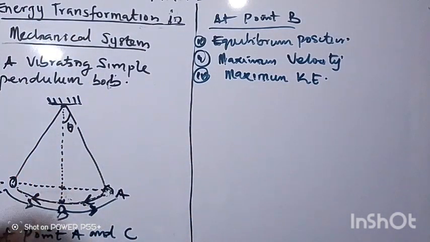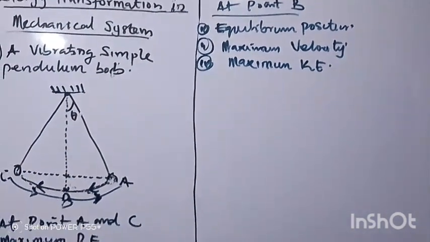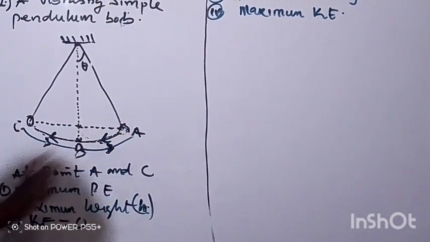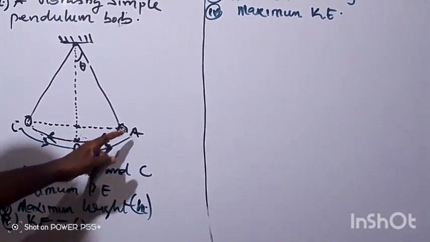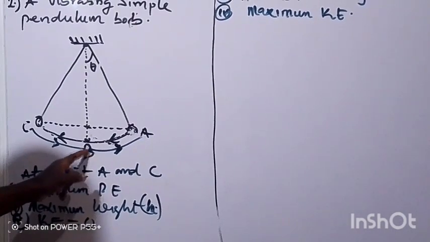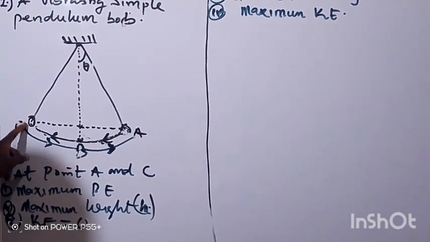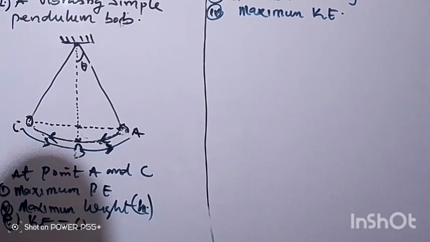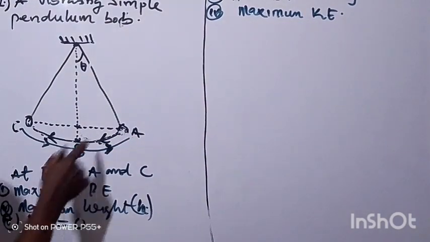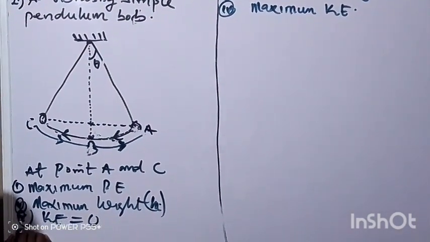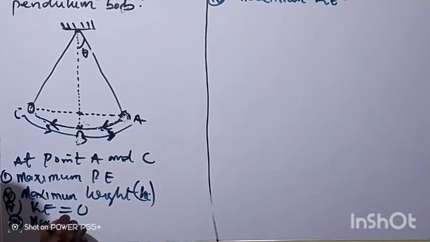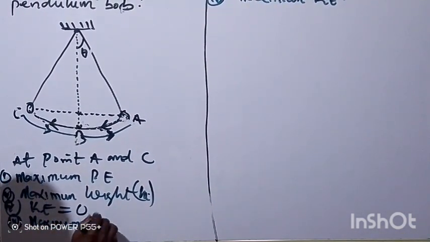Let's come back here again. Since the pendulum will move to and fro from A to B, B to C, and back from C to B, and from B to A again, then at point A and C now, that is number 4, it will have maximum acceleration.